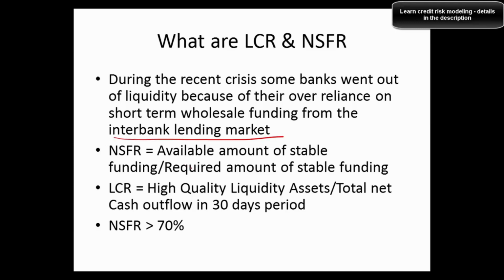What these ratios do is ensure that banks have enough liquidity to withstand any short-term liquidity stress. NSFR is the available amount of stable funding divided by the required amount of stable funding. So how much money is available relative to what is required, as simple as that.